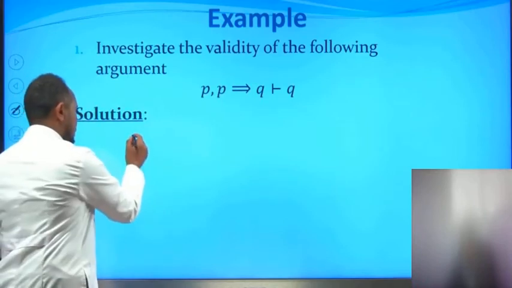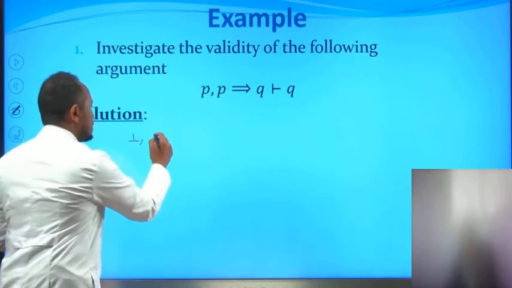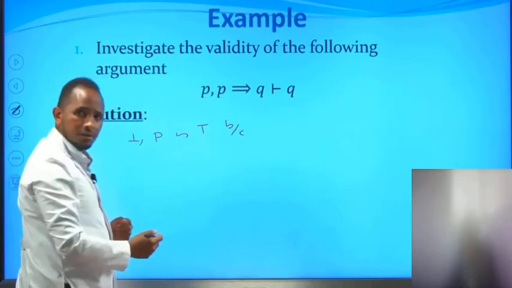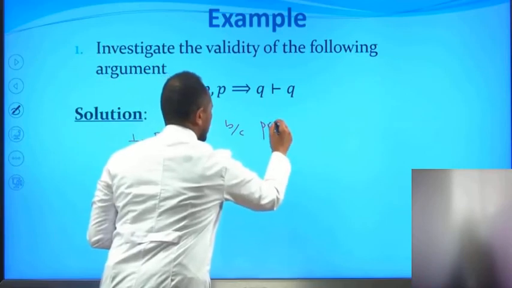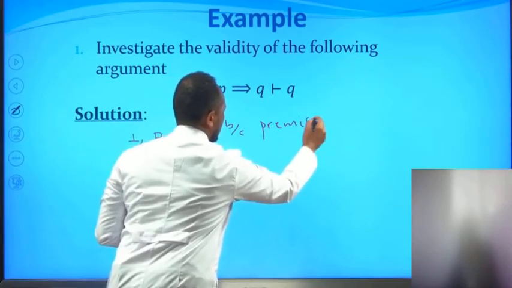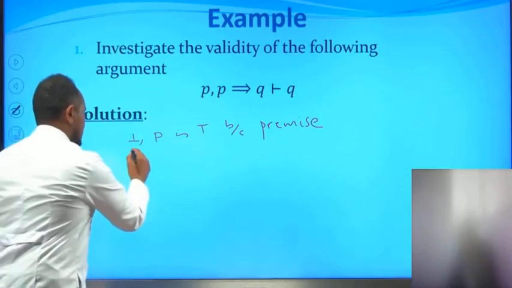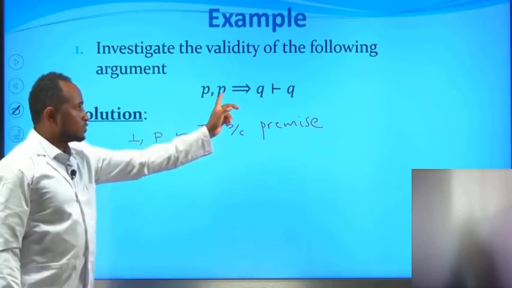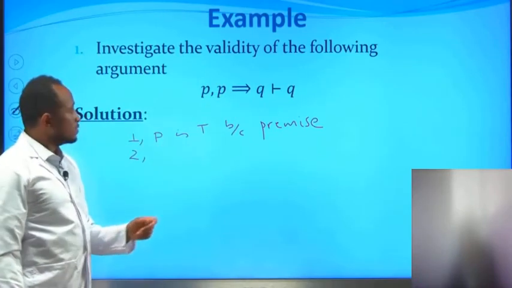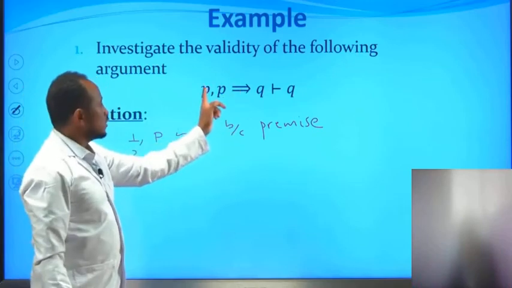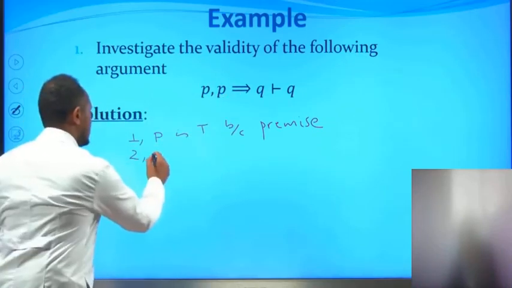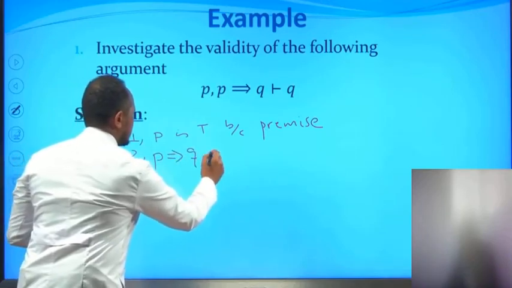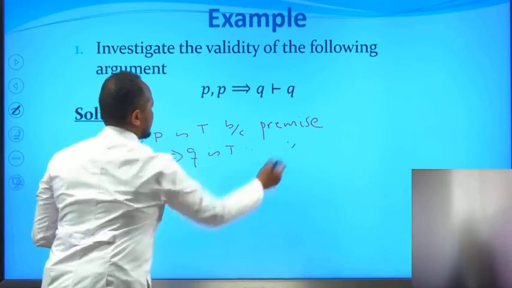First, P is true because it is a premise. Second, you also assume P implies Q to be true, because you have to assume all the premises to be true. P implies Q is also true for the same reason.